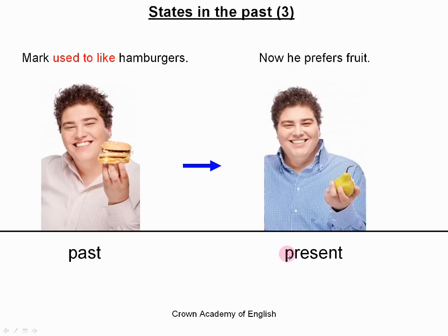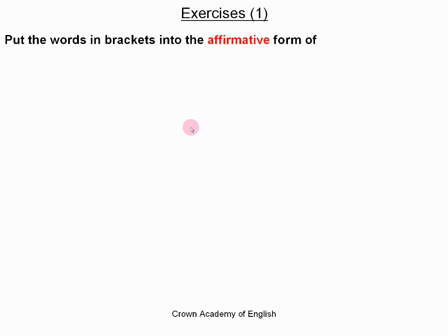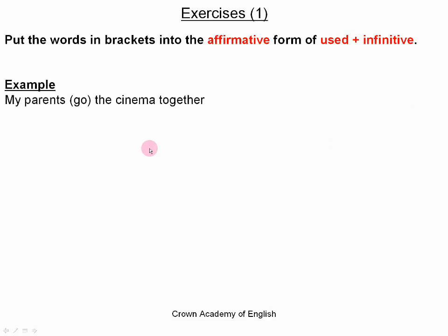Okay? So let's look at some exercises. The first exercise is put the words in brackets into the affirmative form of the used plus infinitive structure. Example. My parents go to the cinema together when they were younger.